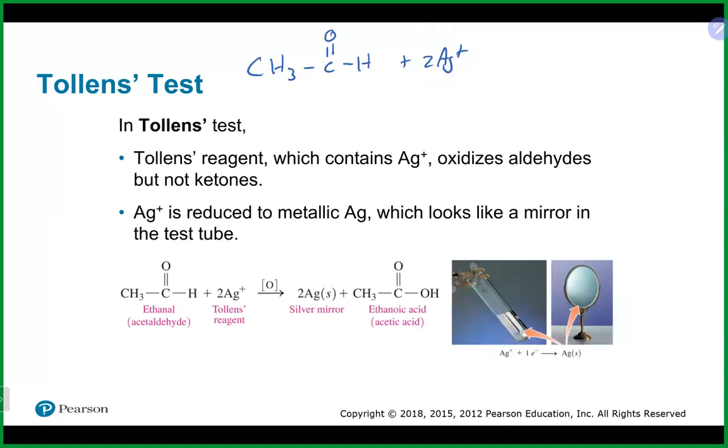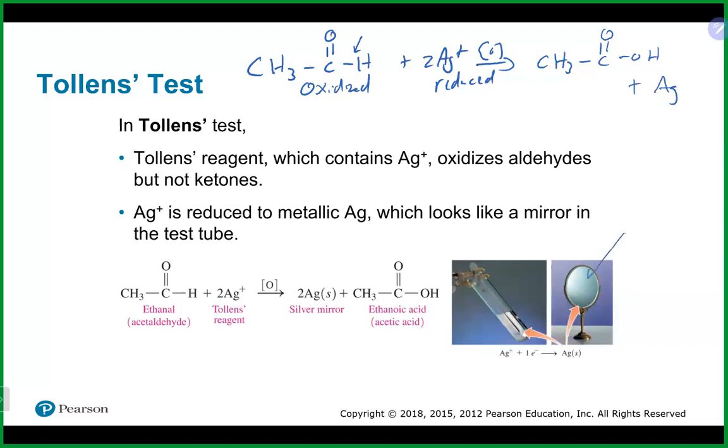It goes through the oxidation reaction and makes our carboxylic acid, as we talked about, and the silver gets reduced. So this guy gets oxidized and the silver gets reduced to solid silver.